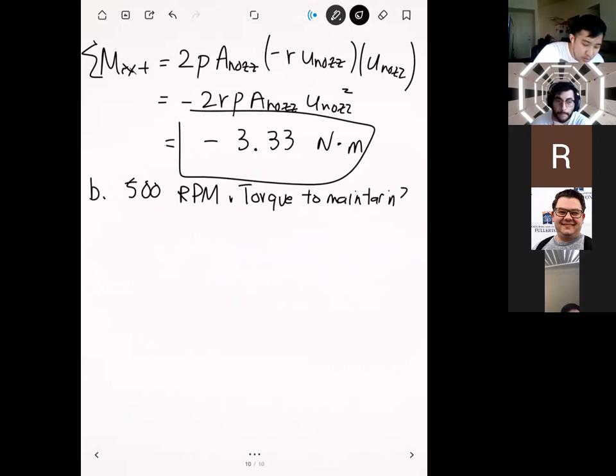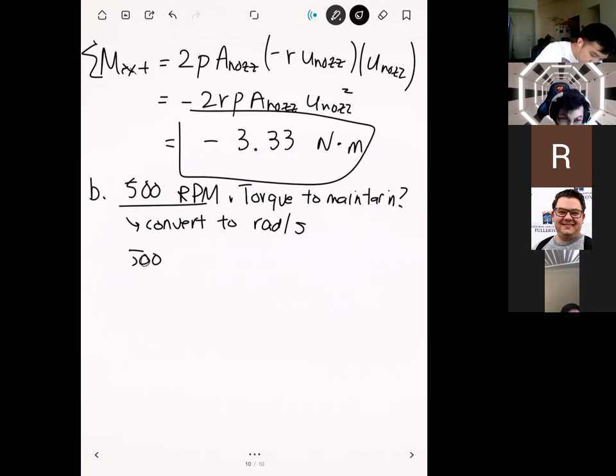All right. So the first thing that we're going to do is, we have our rotational speed here in revolutions per minute, but it's actually more useful for our calculations to convert this to radians per second. Okay, so let's go ahead and do that. So we have 500 revs per minute.